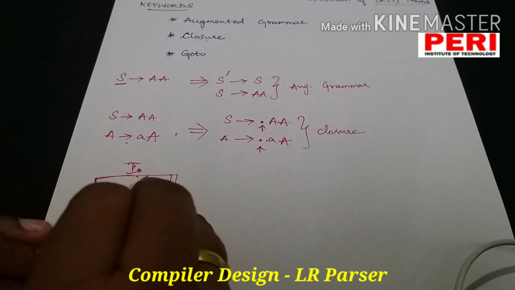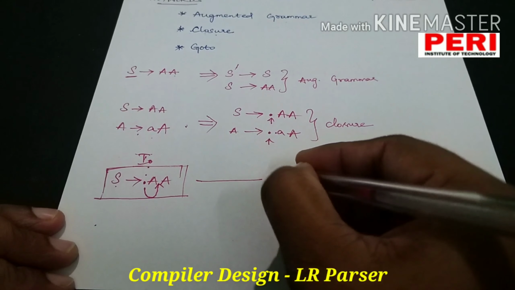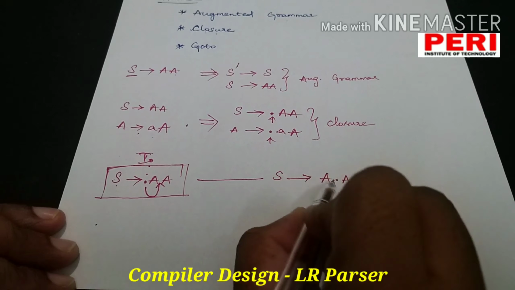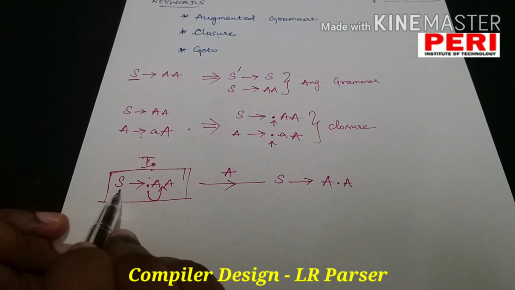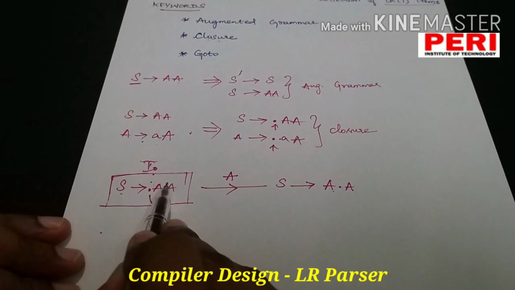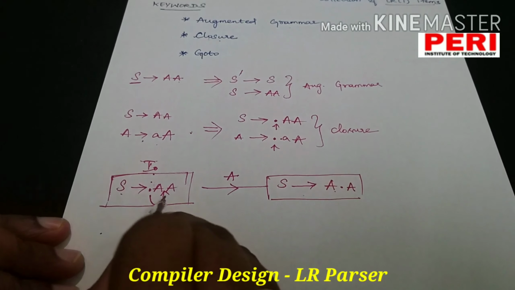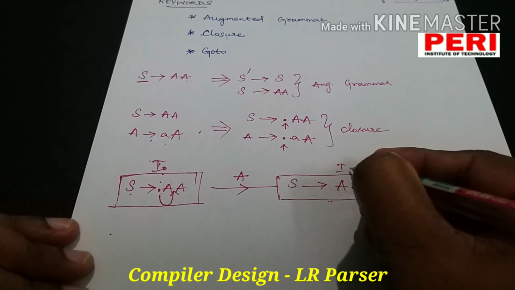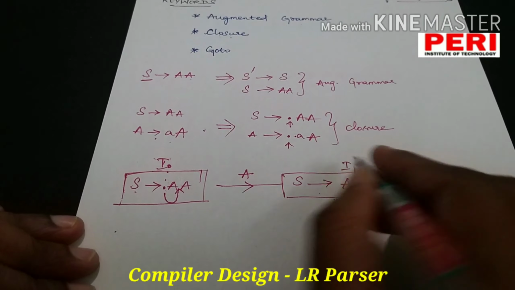I have to traverse across A so that the dot can be moved to the next position. So S tends to A dot A. When I migrate across A, I will move to the new production called S tends to A dot A. The dot has been moved now. I am going to name the state of this production as I1.